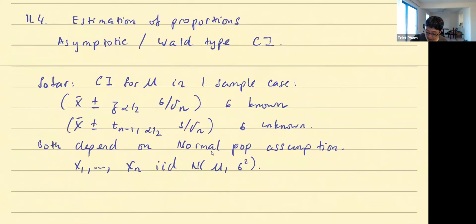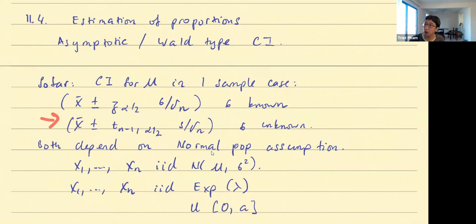If I were to give you X_1 up to X_n IID exponential lambda, like your quiz, or uniform 0 to a, like your homework, then these constructions do not apply.